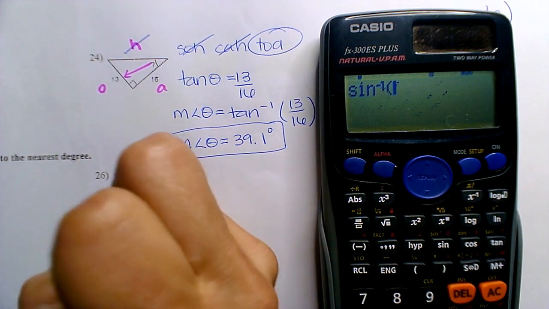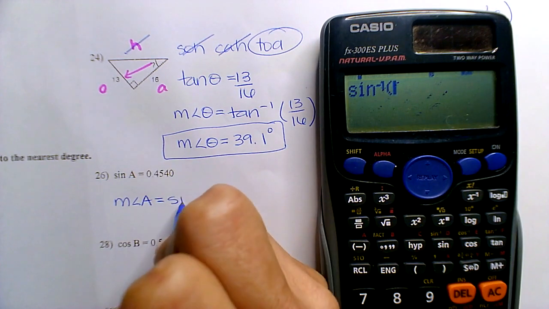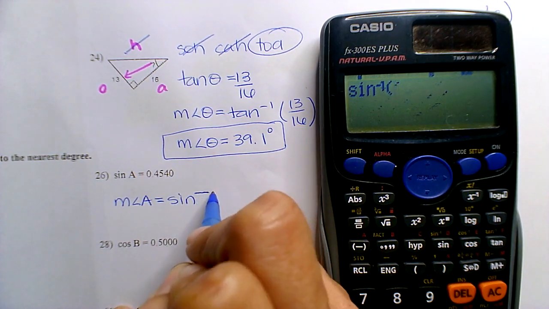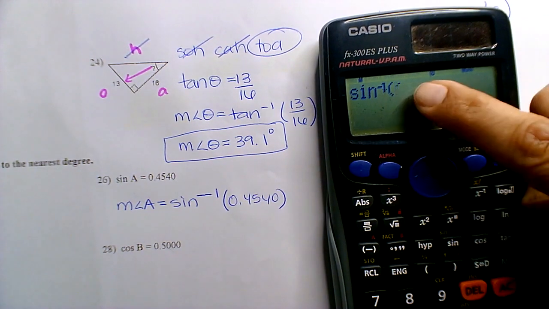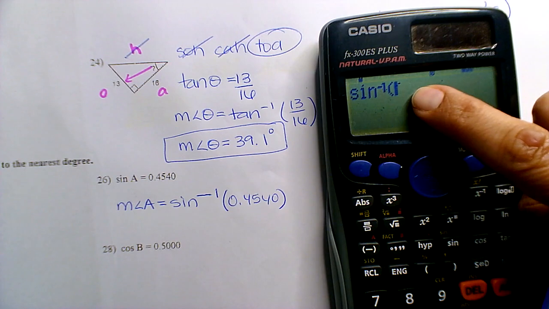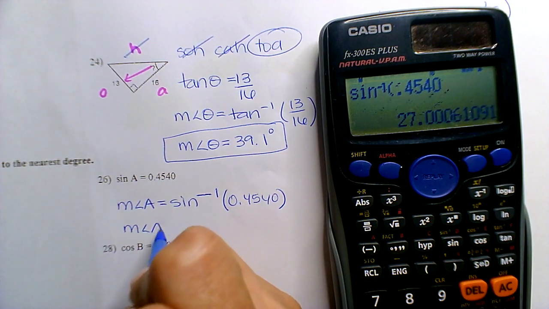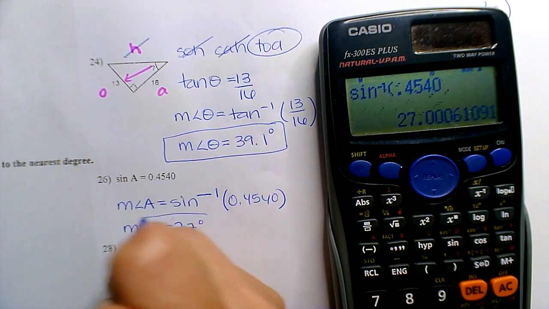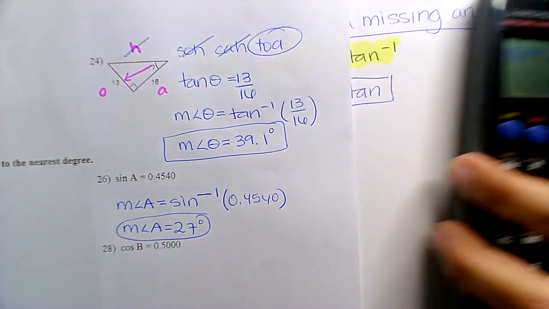Sine, yeah, and then what do I type? I did a double negative. I don't know why. And then what do I type inside the parentheses? Whoops. Well, don't do that. Oh my God, I did it again. 45 over 40. And so that's your answer. So measure of angle A is 27 degrees. That's it. Yeah? Okay. All right.